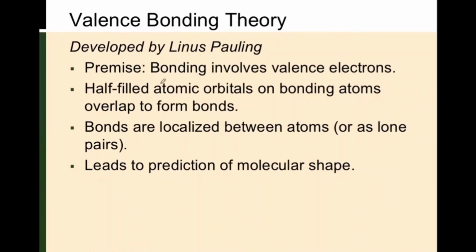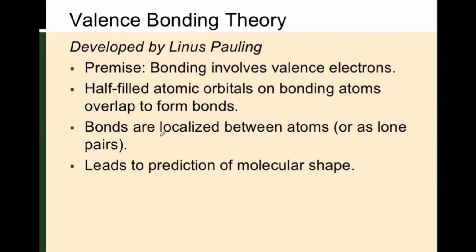So the premise here is that bonding involves the valence electrons, and that's something that comes over from Lewis theory as well. We don't really consider the core electrons, we're only considering the valence electrons. And we have half-filled atomic orbitals on bonding atoms which overlap to form bonds. Bonds are then localized between the atoms or as lone pairs, and this leads to the prediction of molecular shape.